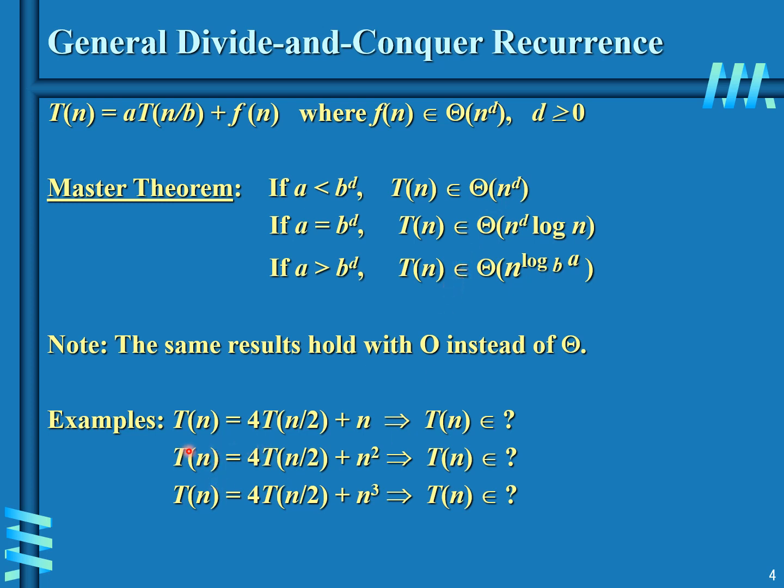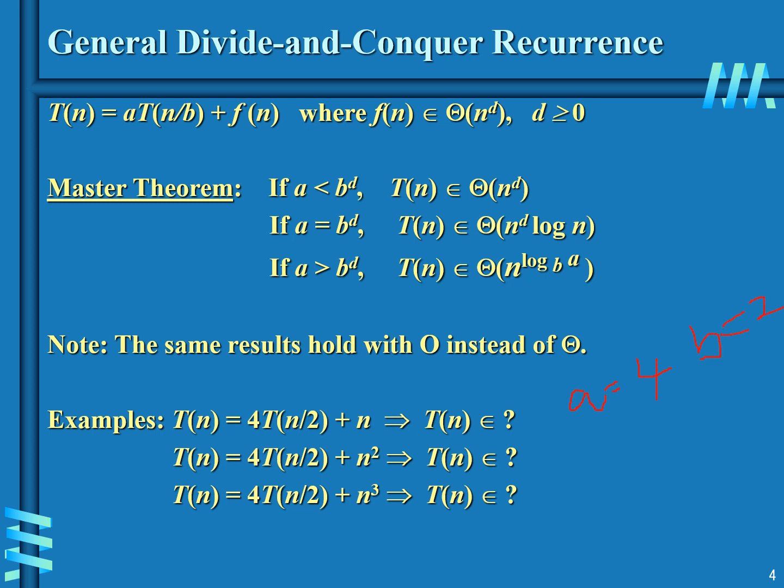For example, take this function: T(n) = 4T(n/2) + n. What is T(n)? Here a equals 4, because the problem will be divided into 4 instances. The factor b equals 2.